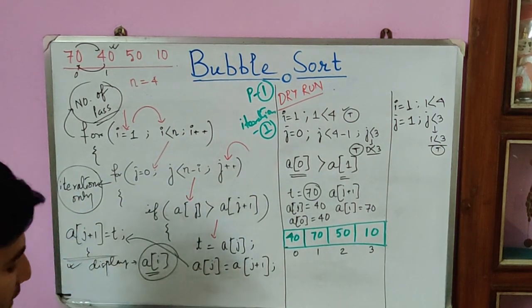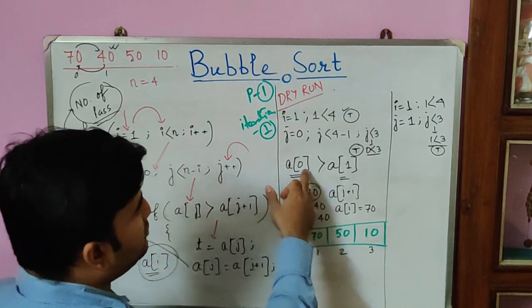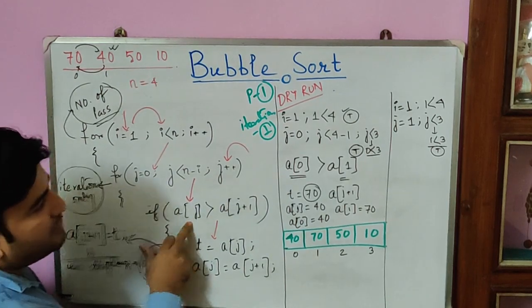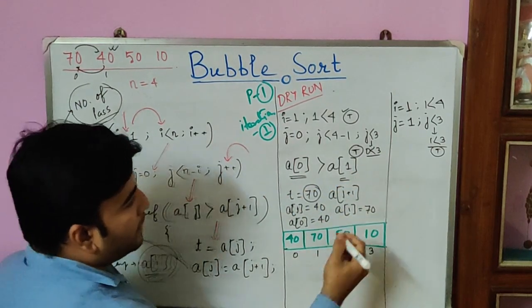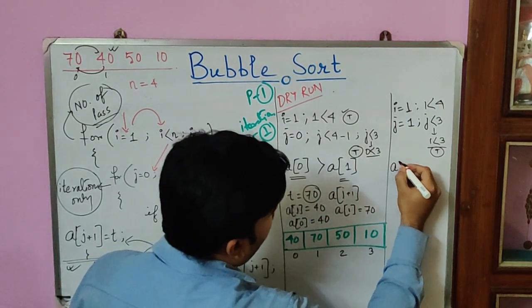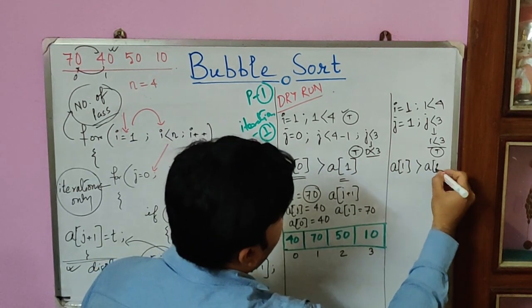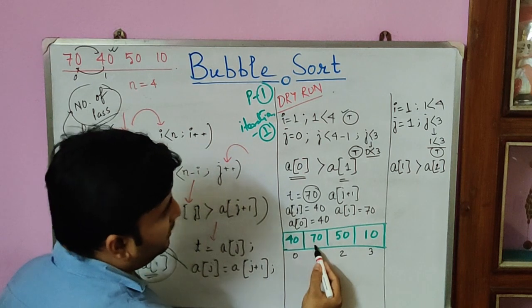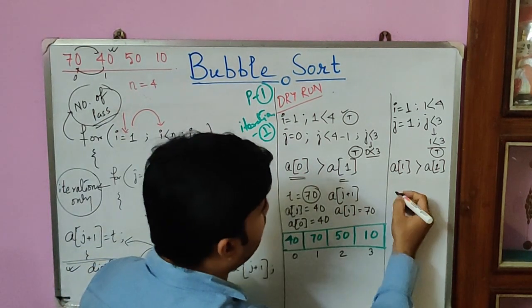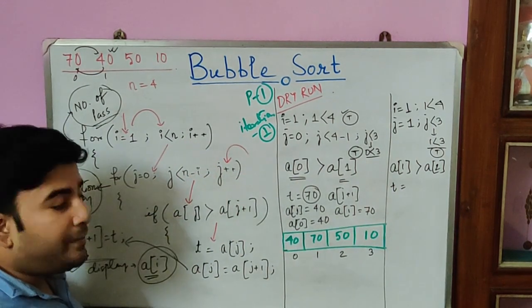Right now a of 0 stands to a of 1 and a of 2, right? So a of j means a of 1 is greater than a of 2. Now what is a of 1? 70 is greater than a of 2, obviously true. So if true, we will perform the same swapping logic.